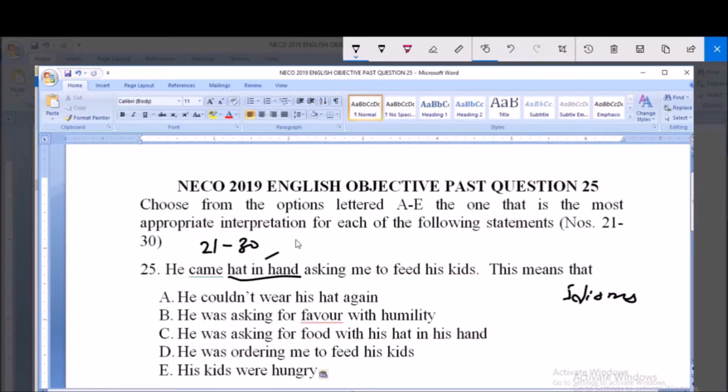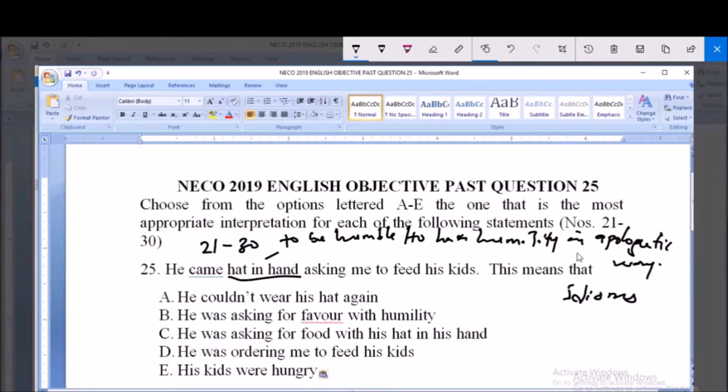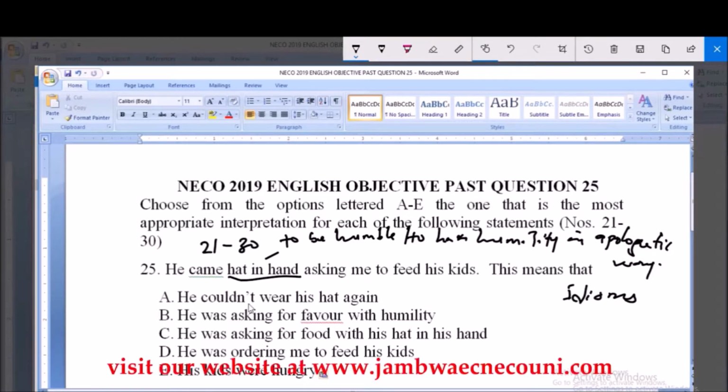And for something to be hat in hand means to be humble or to have humility in an apologetic way.